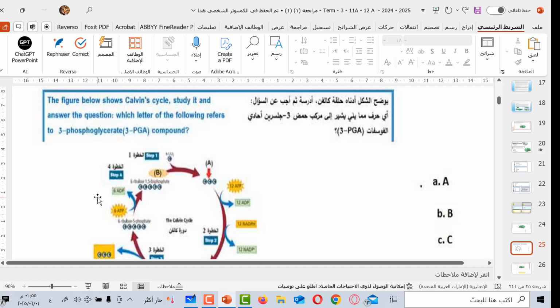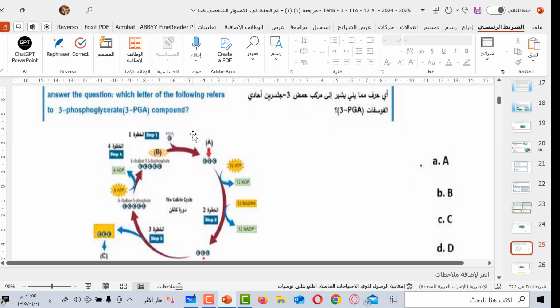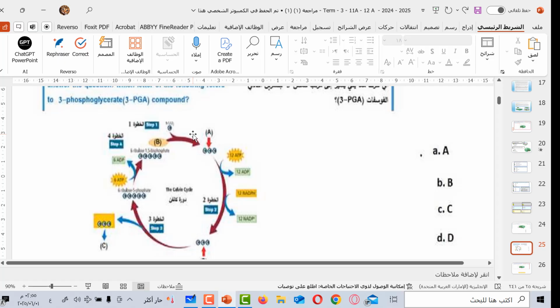Now we are going to another topic. It's about the Calvin cycle. He asked, in the cell Calvin cycle, answer the question: which letter of the following refers to 3-phosphoglycerate, the 3-PGA compound?